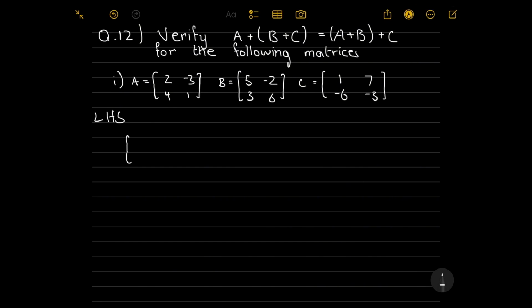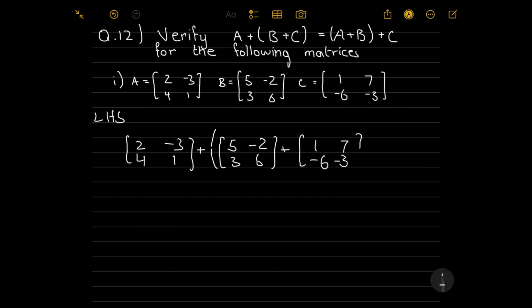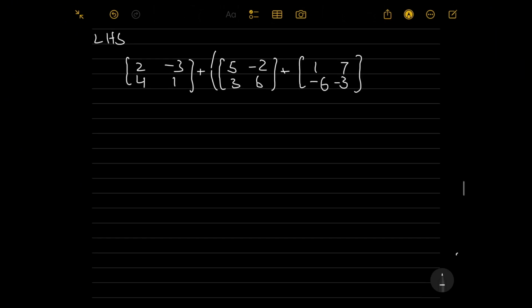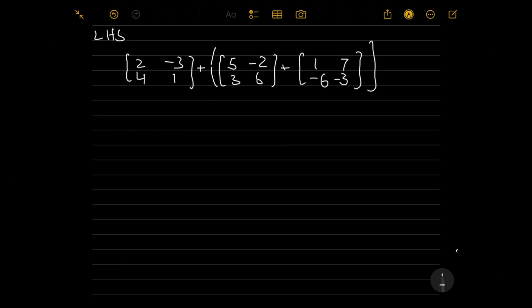A is 2 minus 3 4 1, and then plus b plus c in parentheses. So b is 5 minus 2 3 6, similarly plus c, in parentheses close.